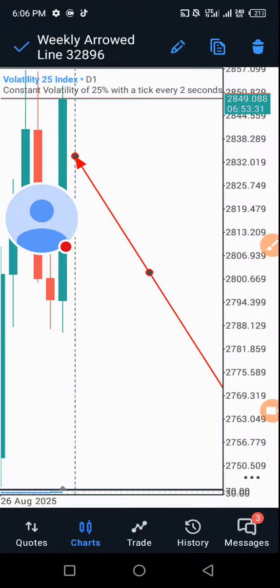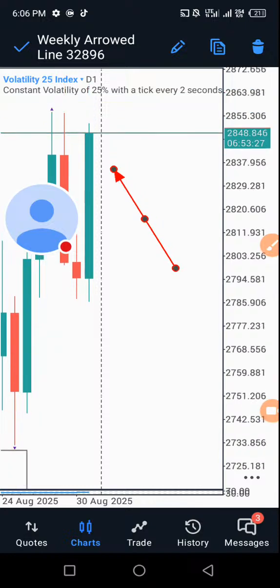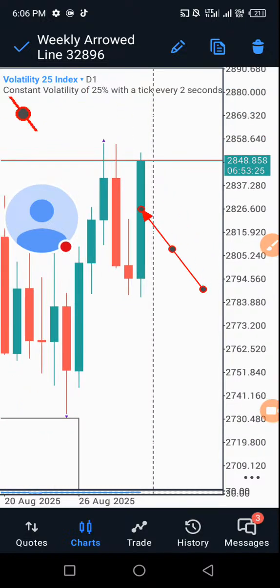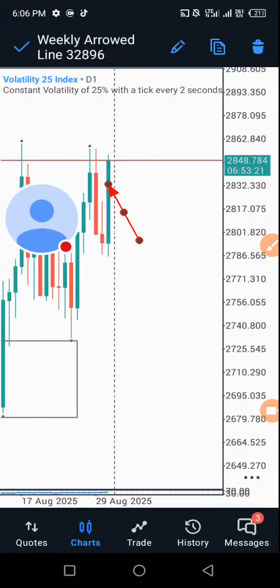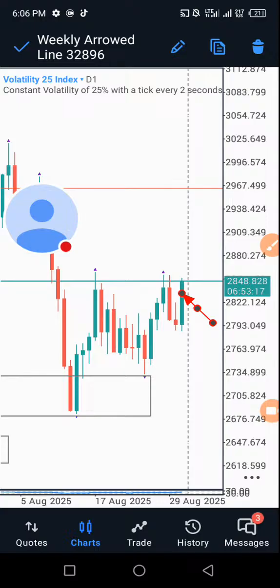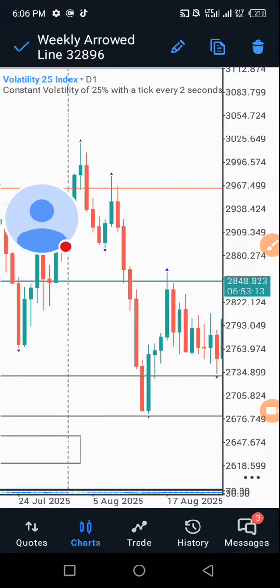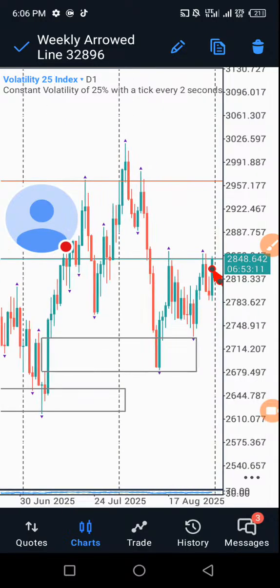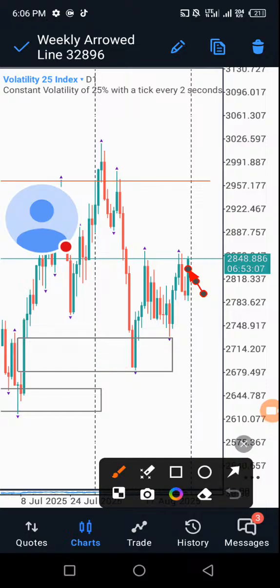So let's just look at more things in the market, right? Okay, so far so good. We can see that our imbalance has been respected.